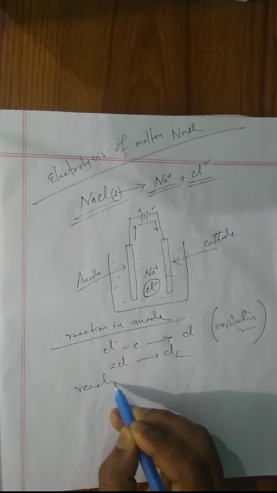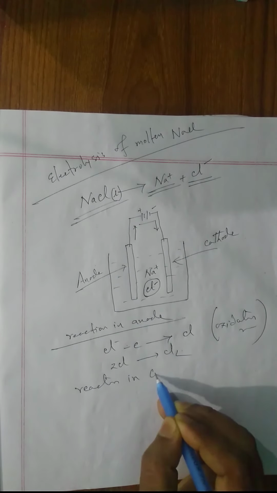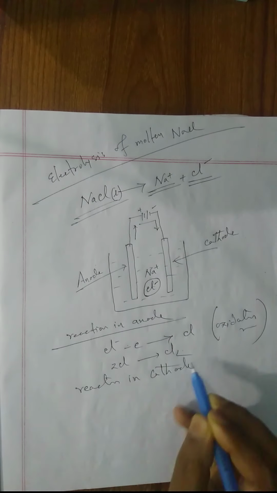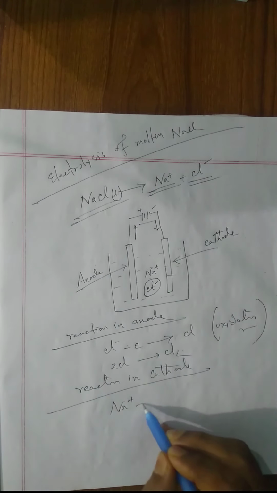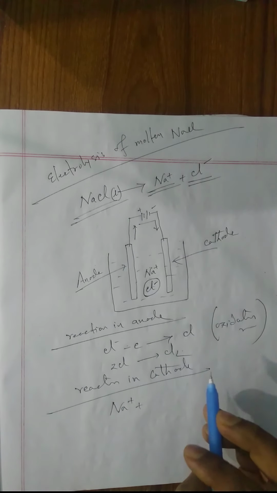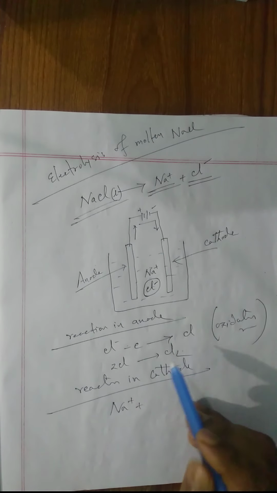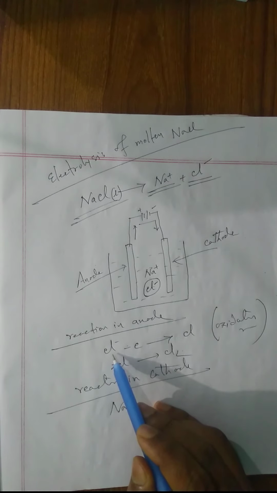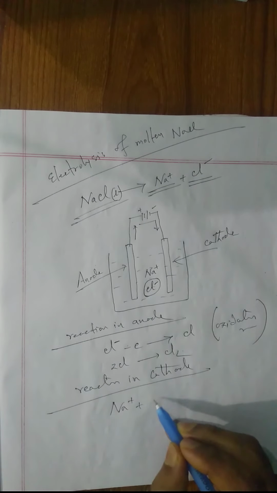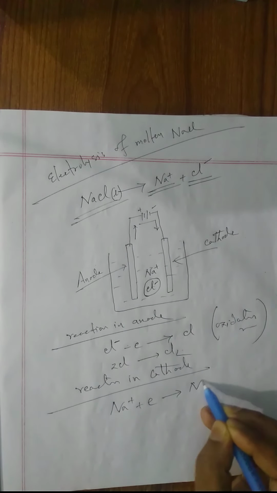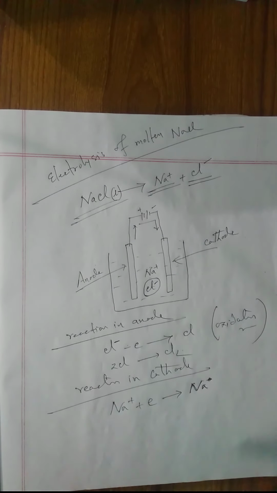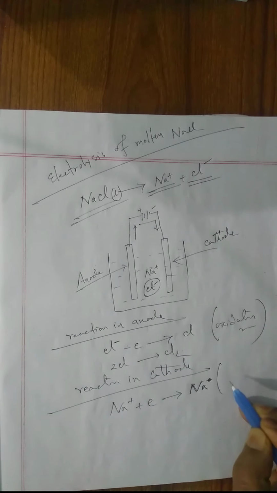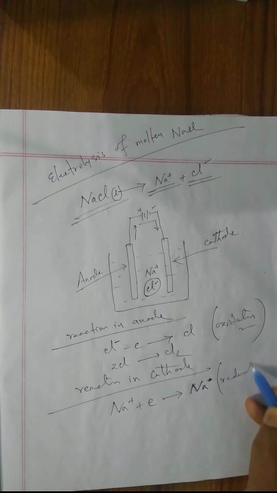The reaction at the cathode: sodium ion receives the electron eliminated by the chloride ion and forms Na, sodium metal. So this is a reduction reaction.